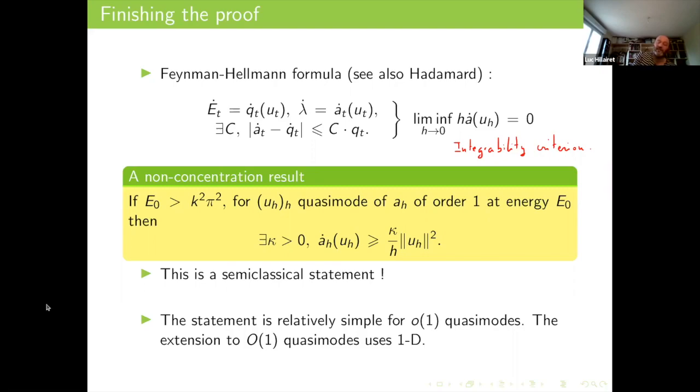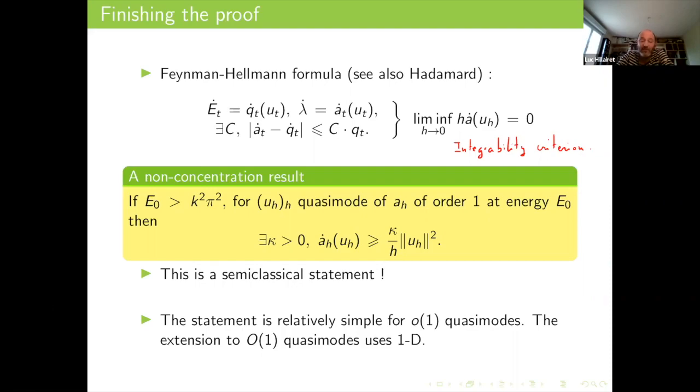That is the contradiction you were looking for, and it tells you that E0 has to be one of these thresholds. It's a bit surprising at first that in order to study these analytic eigenbranches, you end up using semiclassical concentration, but that's how it works.